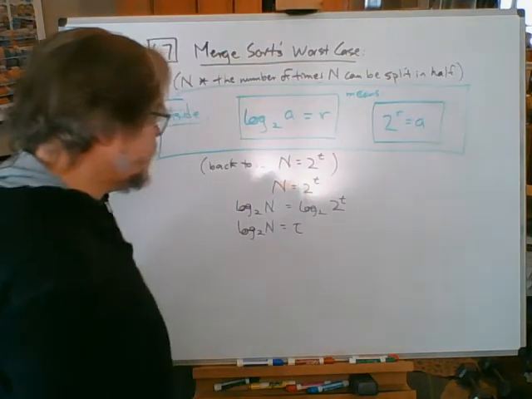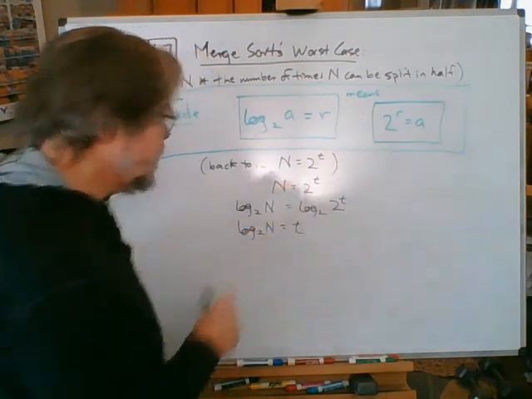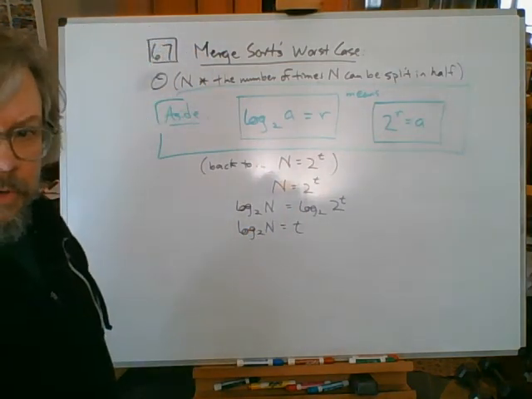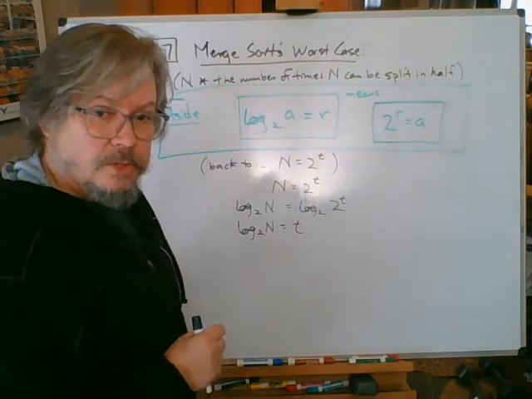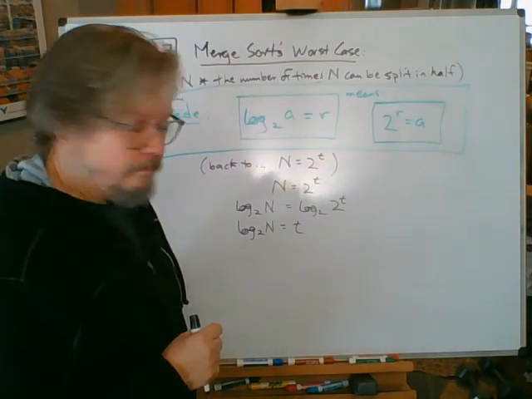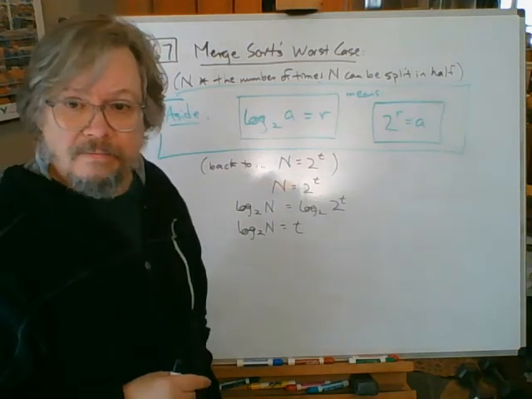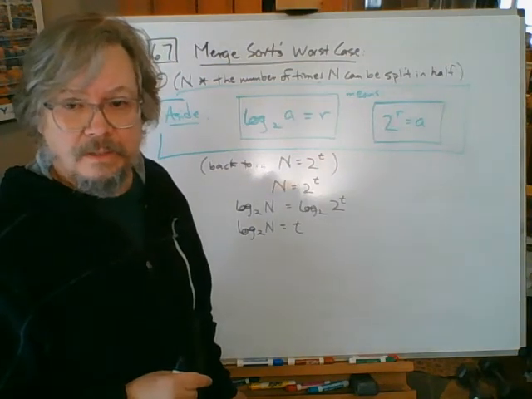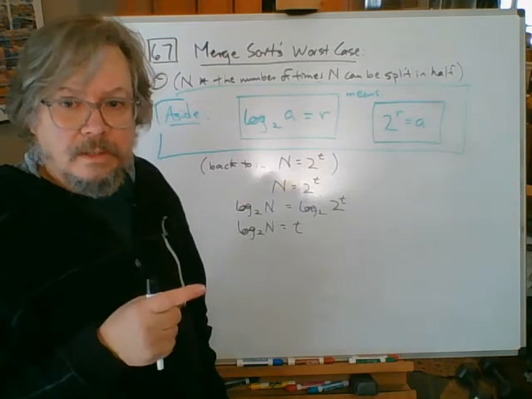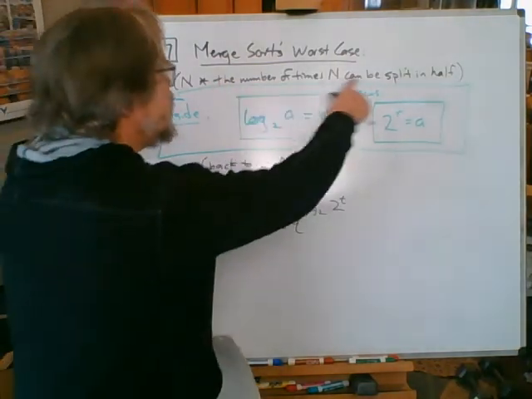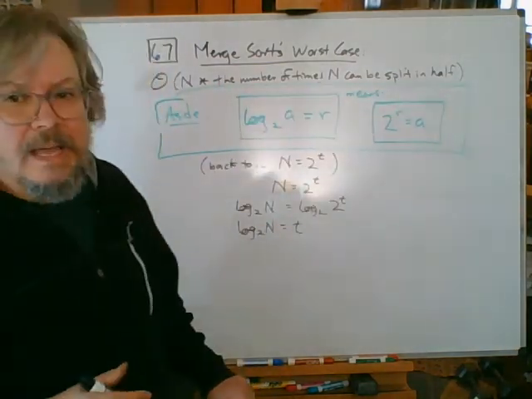It all disappears except for a little bitty t down here. You can think of that as an alternative definition for our own devious purposes here. Log base 2 of n is the number of times you can split n in half. That's exactly what it is. Log base 2 of n equals the number of times that n can be split in half.